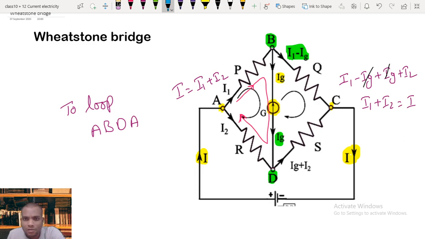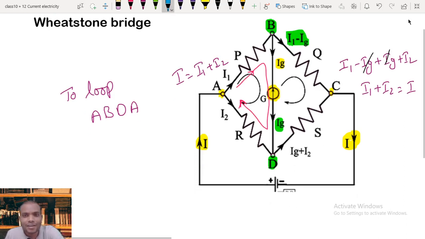And when it comes to the galvanometer, remember that the galvanometer also has resistance, so we need to consider that resistance value as well. Here we did not represent the galvanometer as a resistor, but the galvanometer is an instrument and it also has resistance, so we represent the galvanometer resistance as G. Please notice that change here.